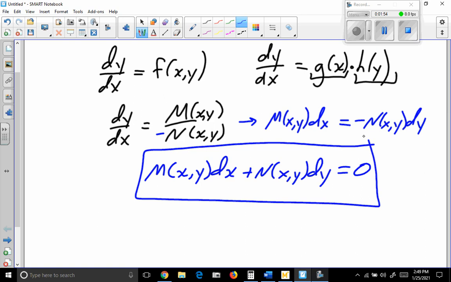So this is one format that we can write differential equations in. Now, while I say that the coefficient of dx is a function of x and y, it could turn out that it's only a function of x or of y or a constant, or it could be of both. Same thing of N.